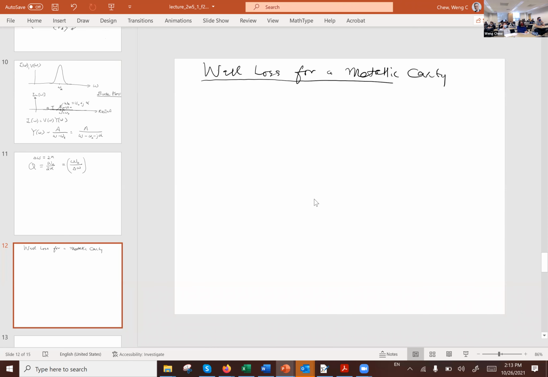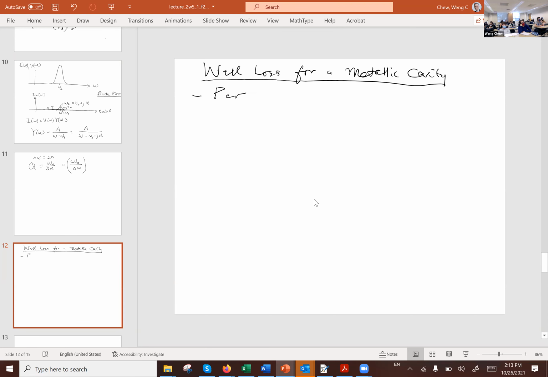The good thing about a good engineer and a good physicist is the ability to do calculations approximately, rather than having to pull out the arsenal of mathematical tools. So you can do things approximately, you can even do the calculation in your head. That makes you a very good engineer or physicist. So let's try to find the wall losses of a metallic cavity.